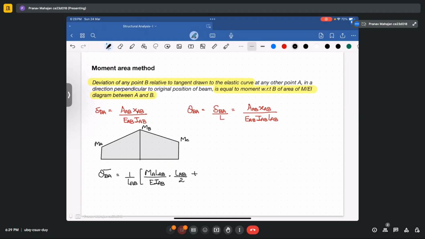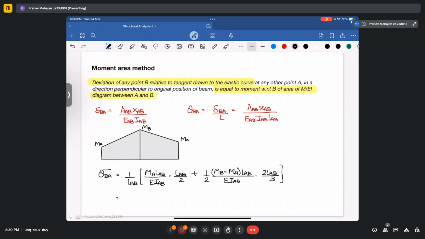So this is for the rectangle part of the trapezium, and for the triangle part it will be 1 by 2 into MB minus MA into LAB divided by EIAB, and it will be acting at a distance of 2 into LAB divided by 3.